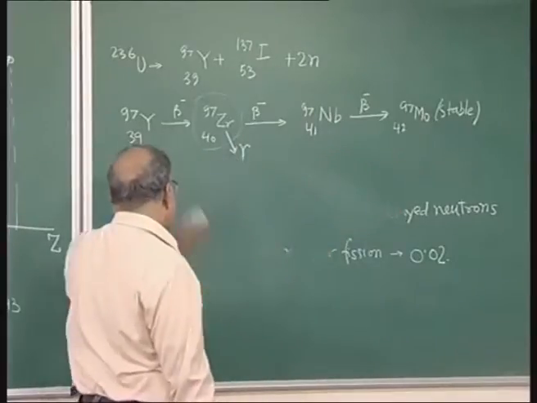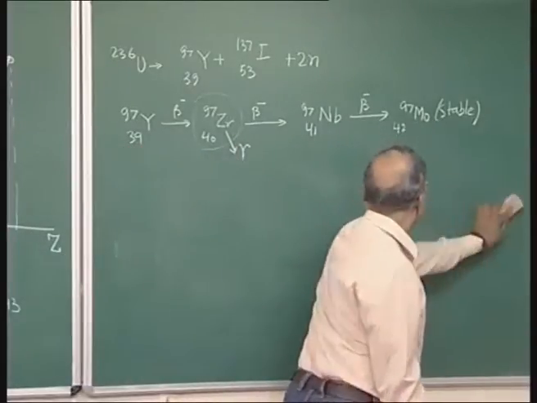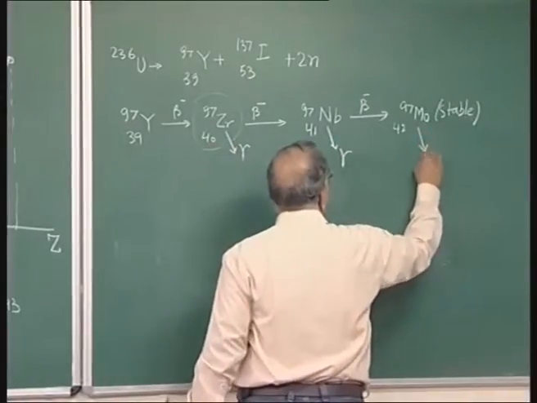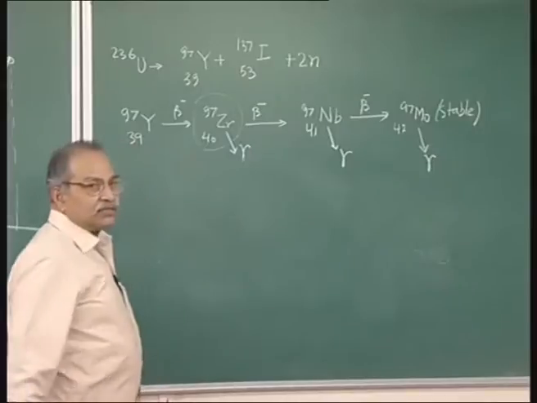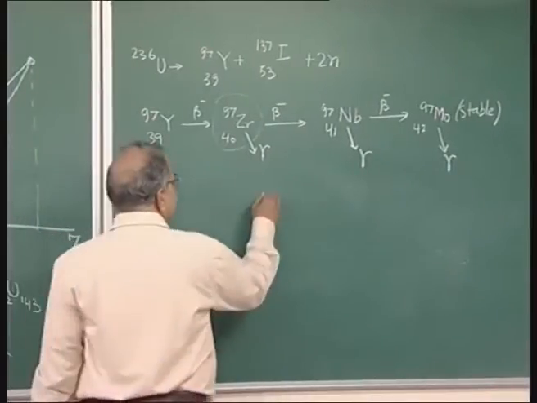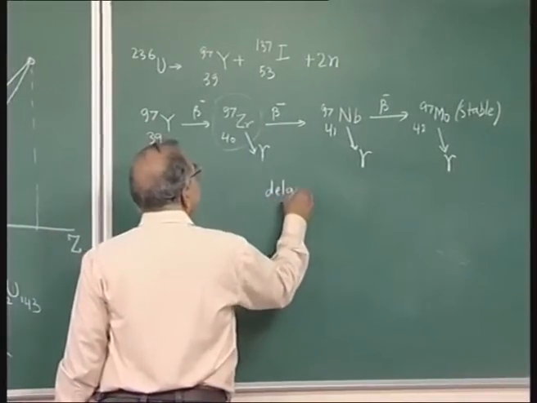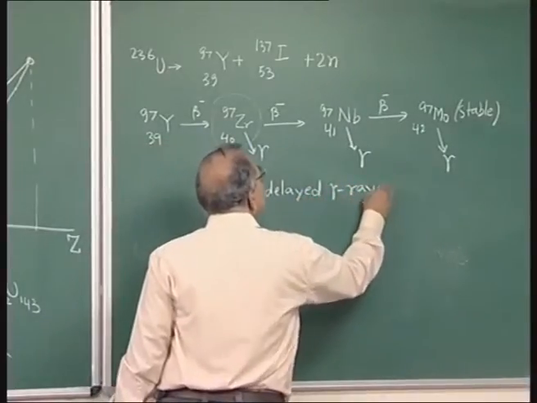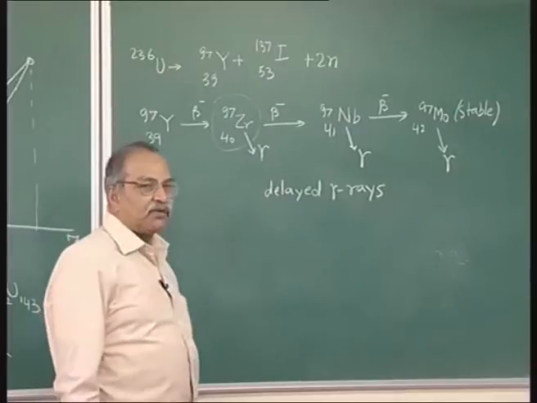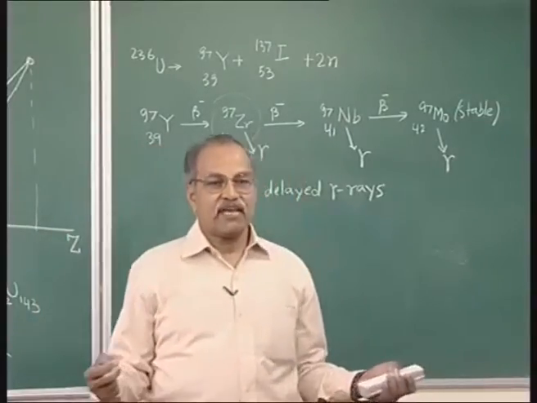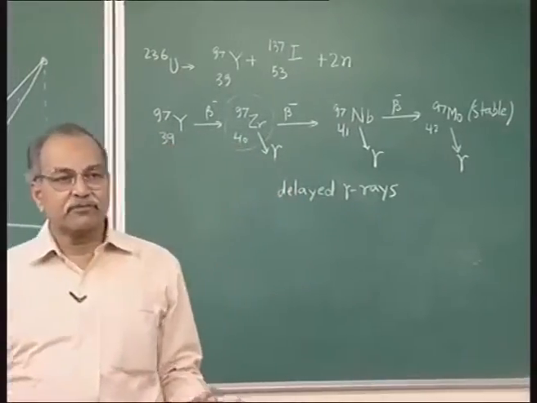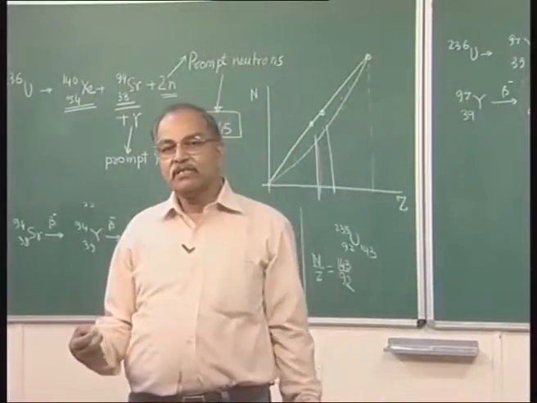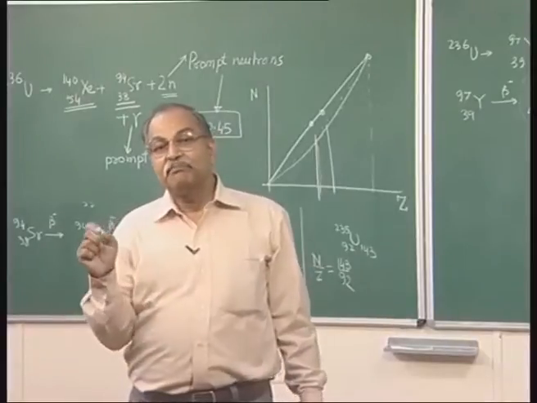So, after every beta you will also get gamma. These gamma rays are delayed gamma rays. You have prompt gamma rays and delayed gamma rays. Prompt gamma rays come just after the fission, from the fission fragments, and delayed gamma rays come from the products of the beta decays.